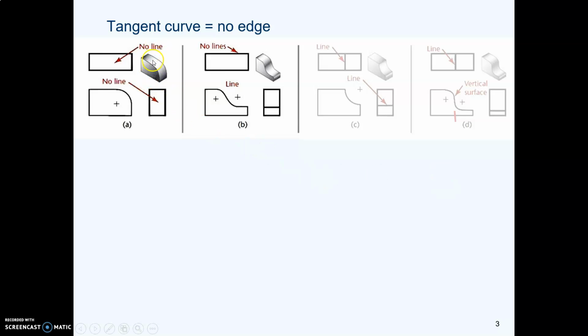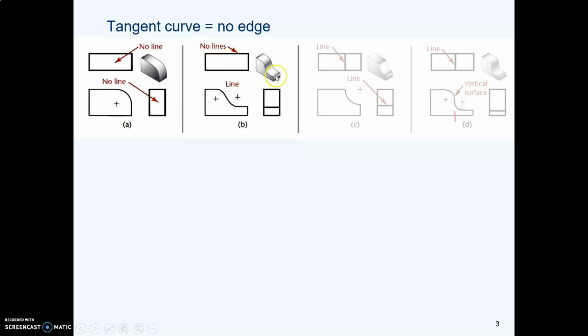Here are a couple of other examples. Up in the upper left, here is a curved tab sort of thing. There's no sharp edge there, so there's no line in the side view. Same thing with the second item B. These are continually varying curves that are tangent, so no lines across the top view.